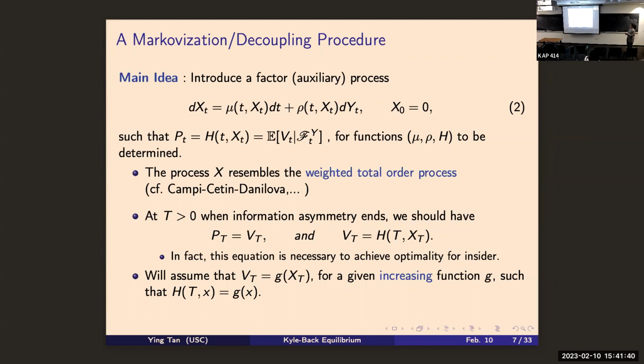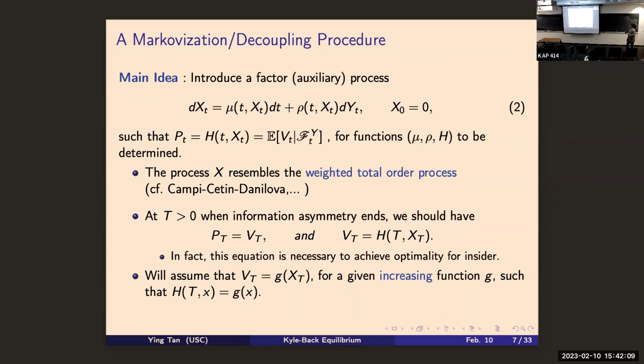This process actually resembles the weighted total order process in the work done by Campi, Chetty, and Danilova. We have one more very natural requirement, that P capital T should be equal to V capital T. That is because at the terminal time, the market price should be equal to the underlying asset value, because the value will be revealed to the public at that time.